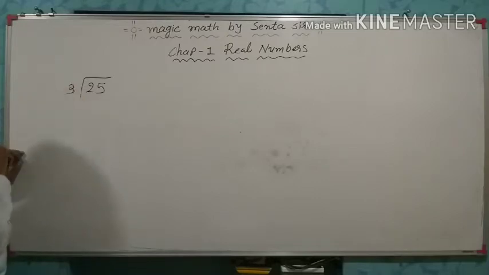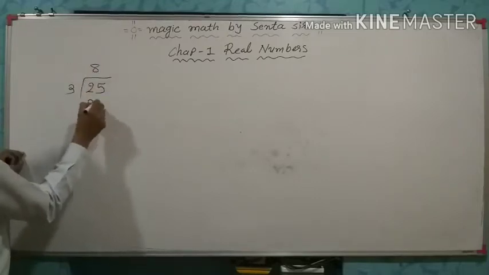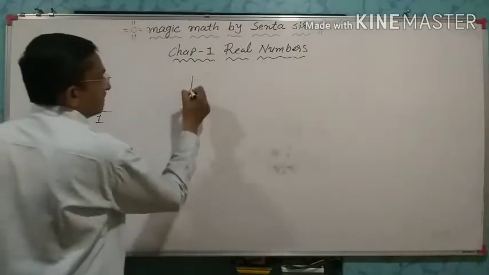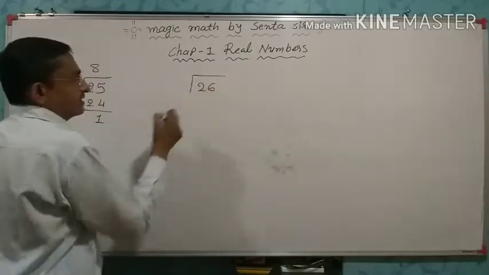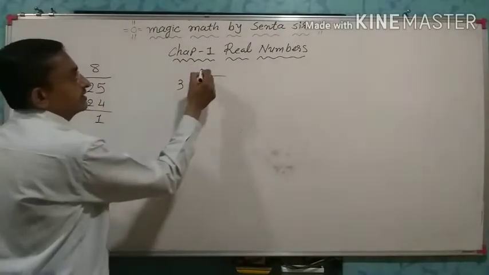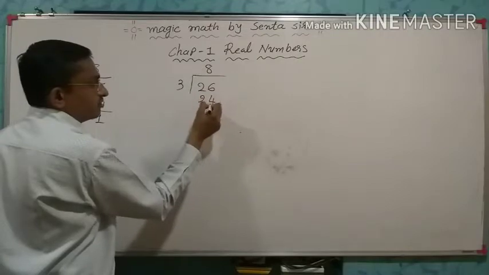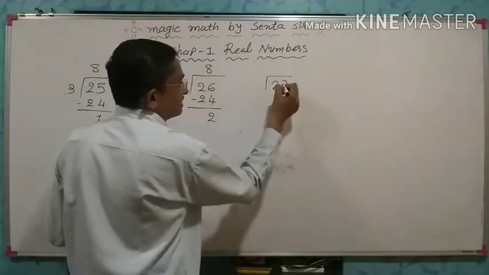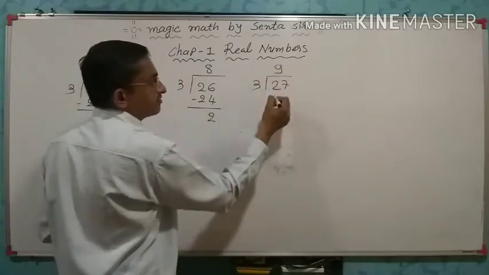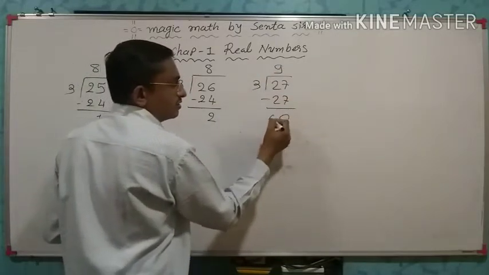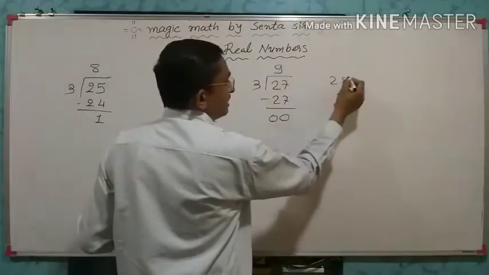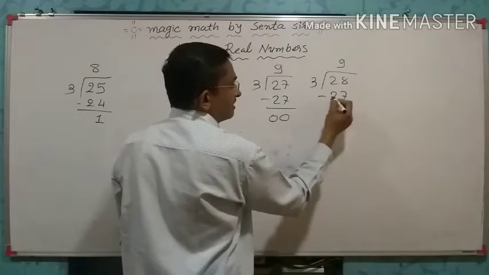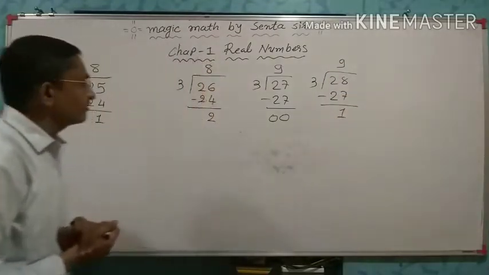25 divided by 3. 3 8s are 24. 1 is remainder. 26 divided by 3. 3 8s are 24. 2 is remainder. 27 divided by 3. 3 9s are 27. 0 is remainder. 28 divided by 3. 3 9s are 27. 1 is remainder.